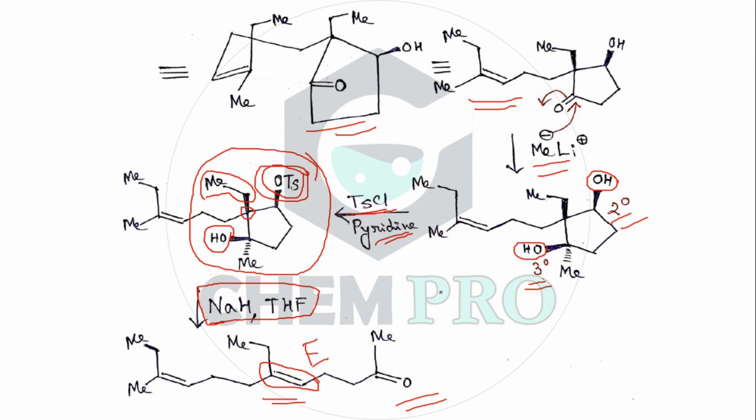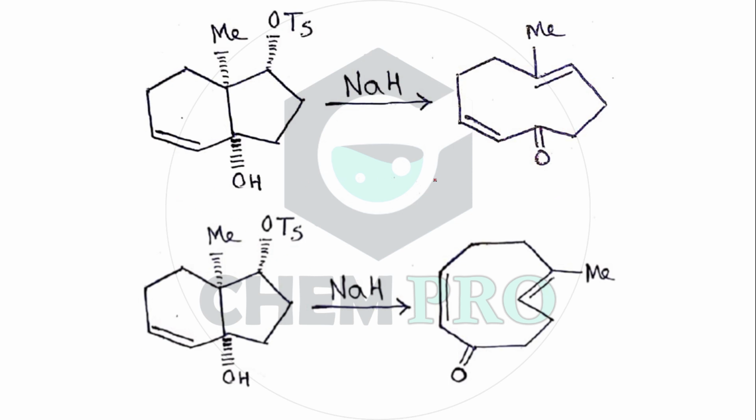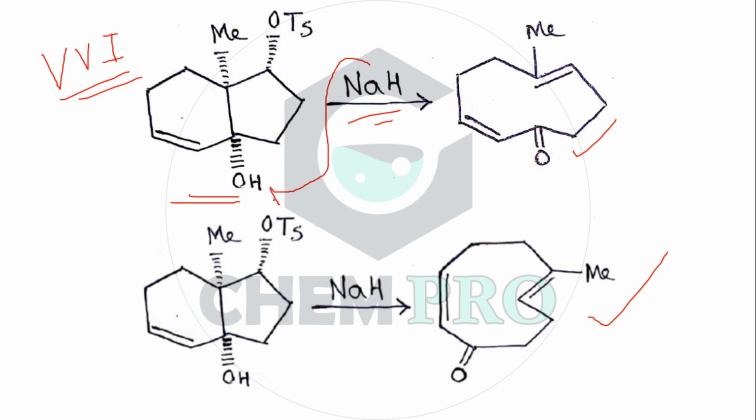Okay, now this is a very important example also, very important example. Okay, so this is the given substrate and NaH is the reagent. So we can have these two possibilities of the product. The mechanism is very simple. The base will take up the proton and the negative charge will make a double bond, and this C-C bond will break along with this C-X bond and the alkene will form.